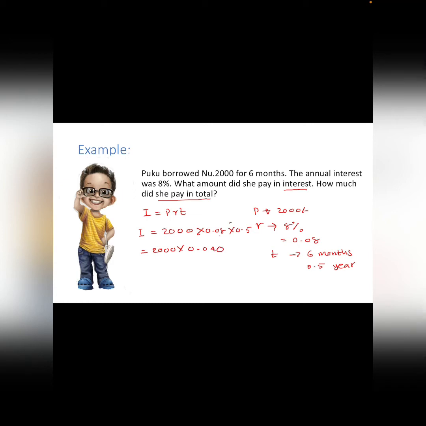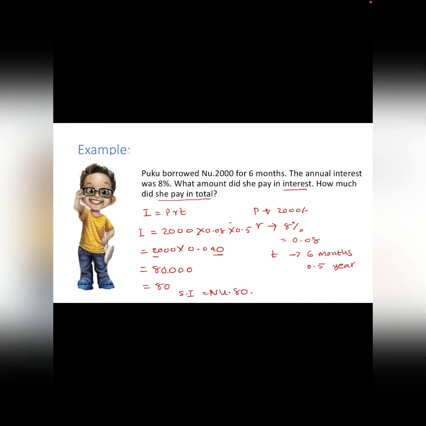Then again, 2000 times 0.040 gives 80. So our simple interest is equal to Newton 80.